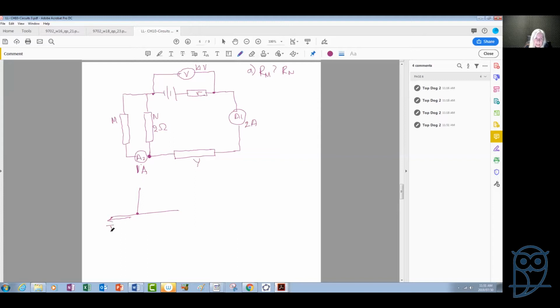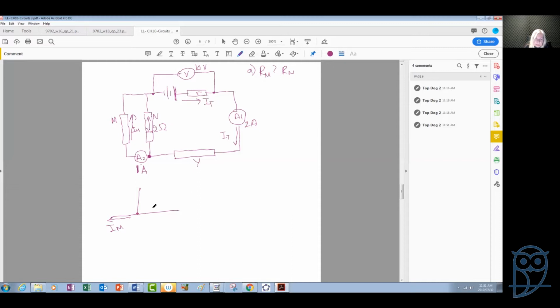Let's call it IM, because this is the current that goes through resistor M. And let's call this the current IN. And let's call this the total current. Why do I have this direction? Because look at the positive terminal of the battery. Obviously, this total current is in this direction, isn't it?